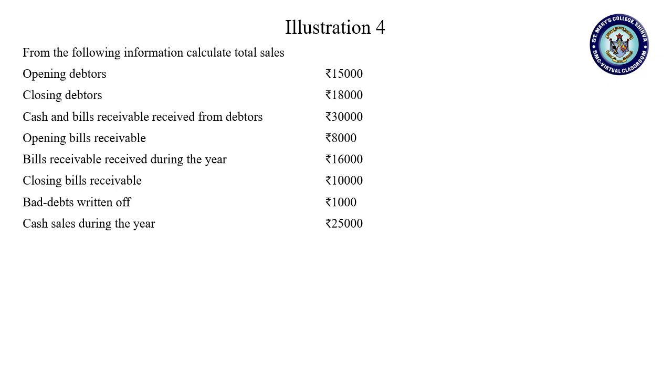Cash and bills receivable received from debtors 30,000. Opening bills receivable 8,000. Bills receivable received during the year 16,000.